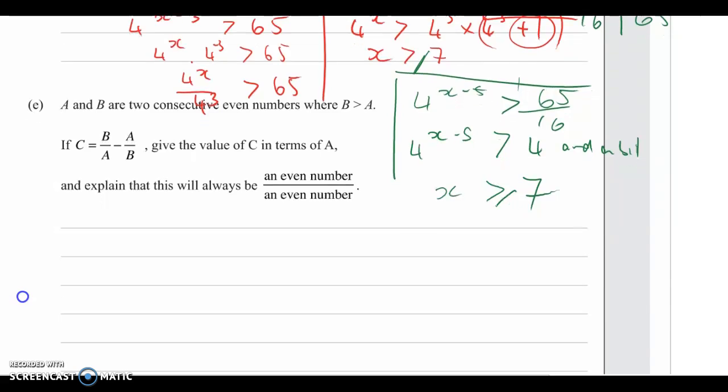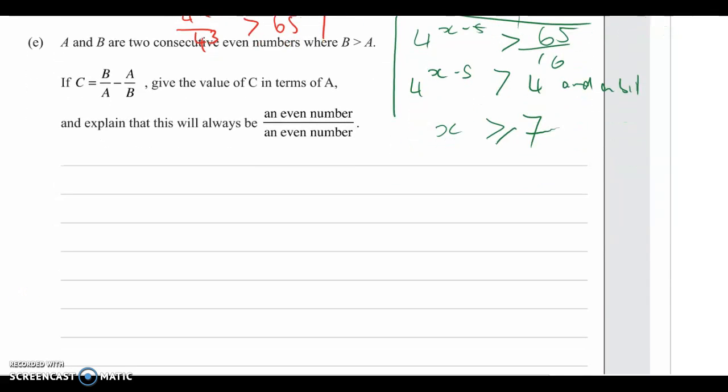It's all good. Okay, A and B are 2 consecutive even numbers, where B is greater than A. 2 consecutive even numbers, you guys know this.